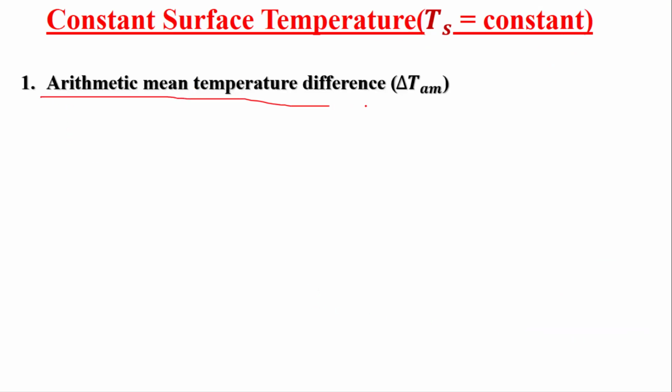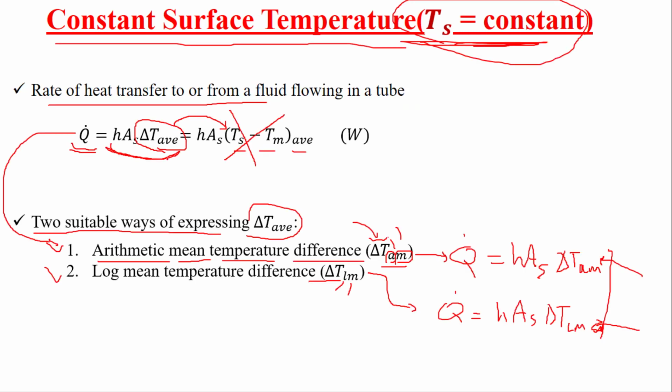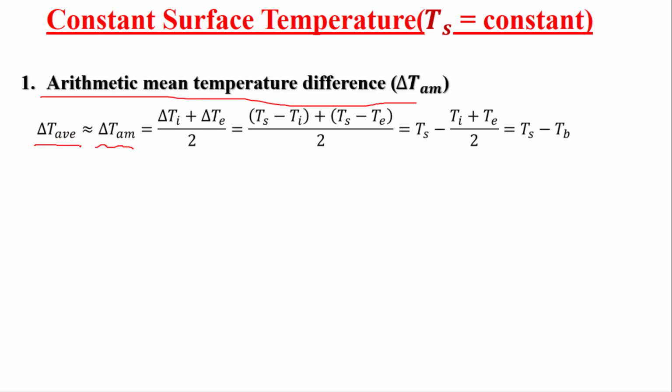So let's start with the first one, arithmetic mean temperature difference. Delta T averaged is almost equal to delta T arithmetic mean. The scenario that we refused at the beginning, we reject it and we'll use instead the arithmetic mean, which is equal to delta T inlet plus delta T exit divided by 2.